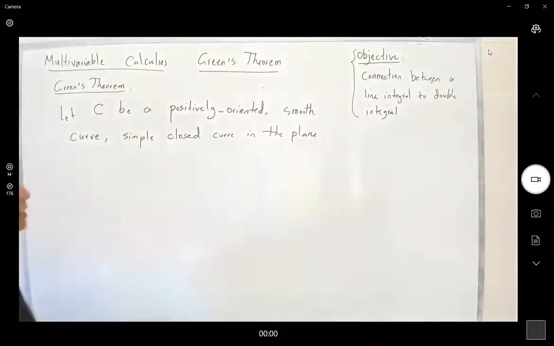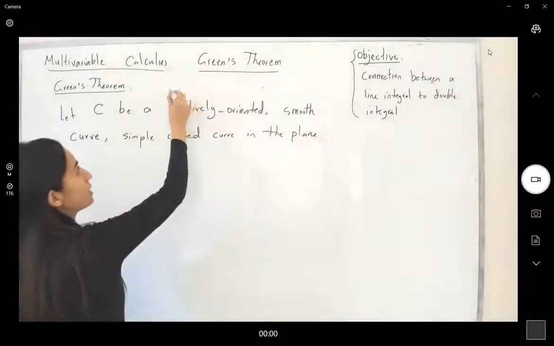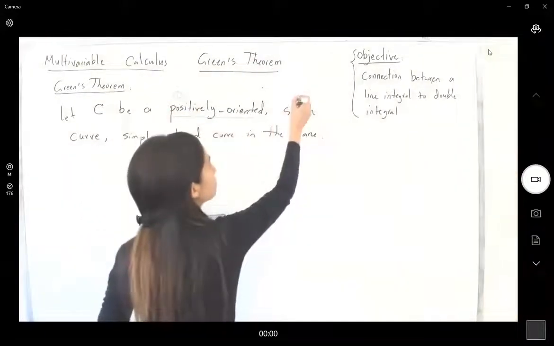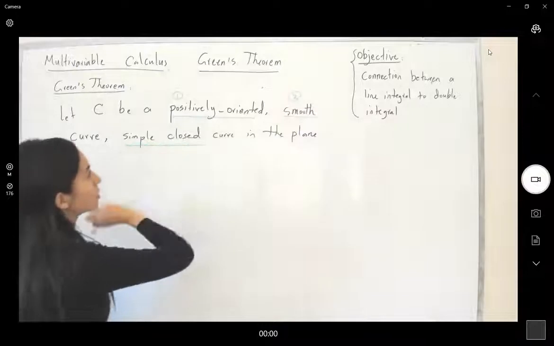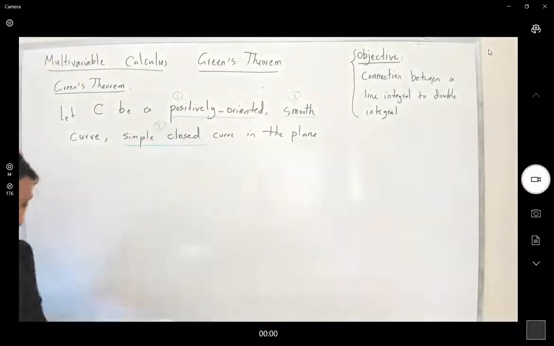So let us number them: positively oriented, smooth, and simple closed curve in the plane.